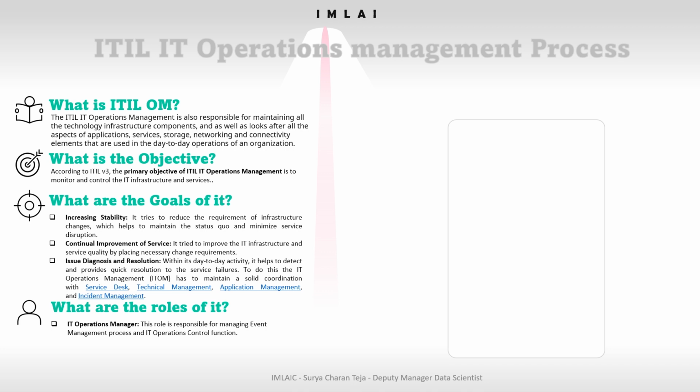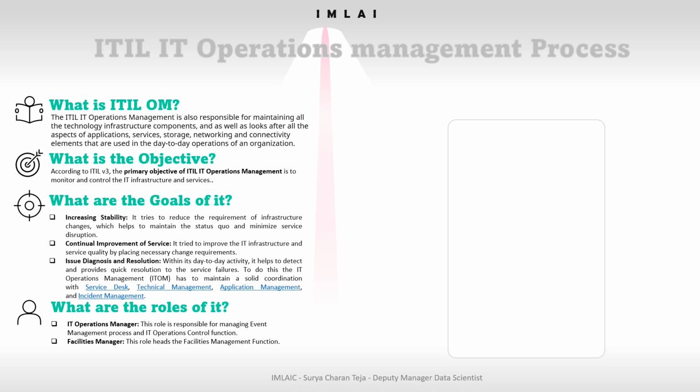First one is the IT operations manager, that you can clearly see on your screen. This role is responsible for managing the event management process and IT operations control function. And the second one that we have is a facilities manager.